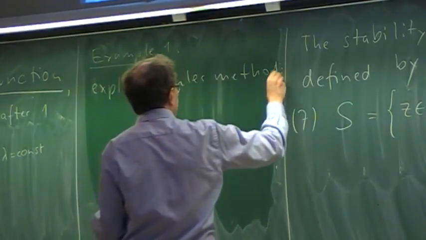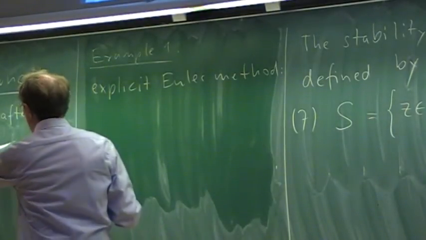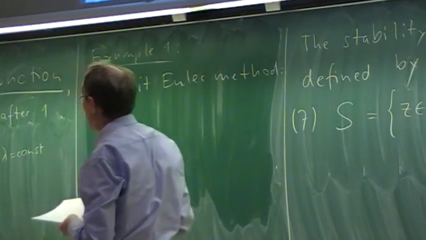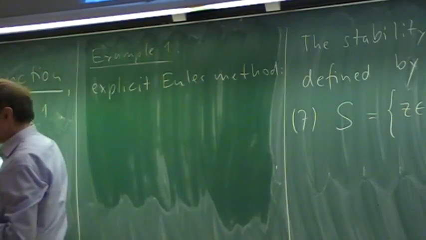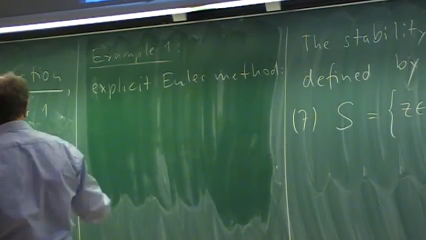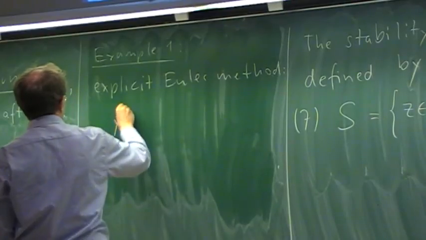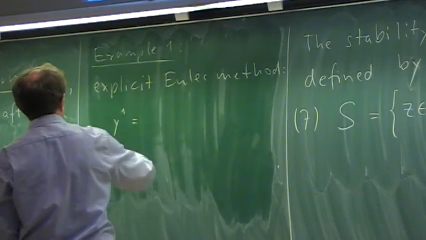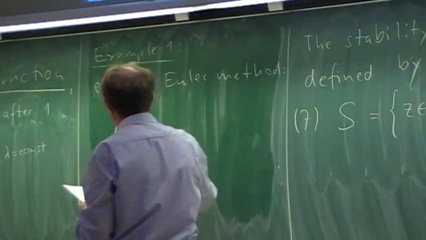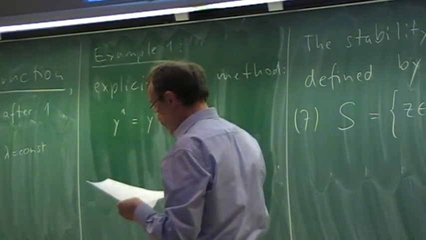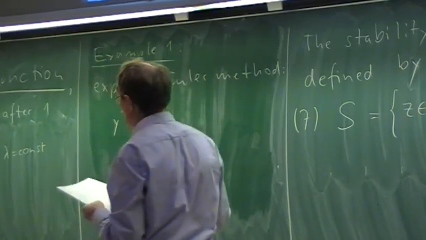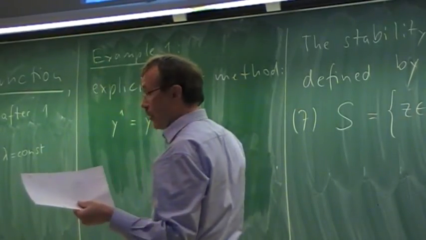So what do we do? We do one step with the explicit Euler method to solve this equation. One time step. So we say then y1, that is the solution at the time level 1, is equal to the solution at the time level 0, plus, what is the rule for the explicit Euler method?